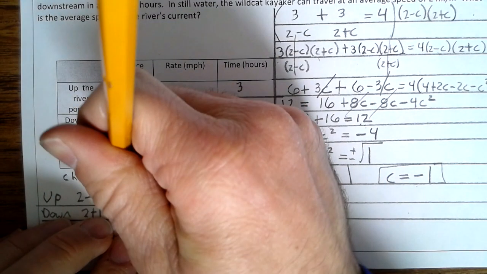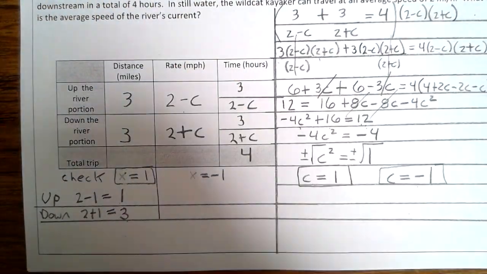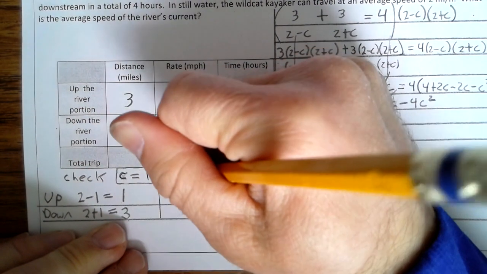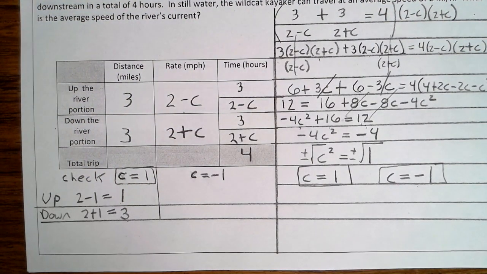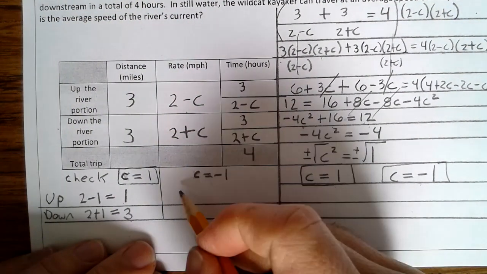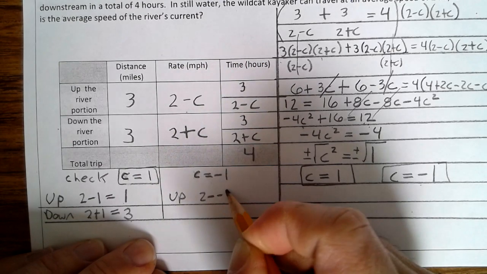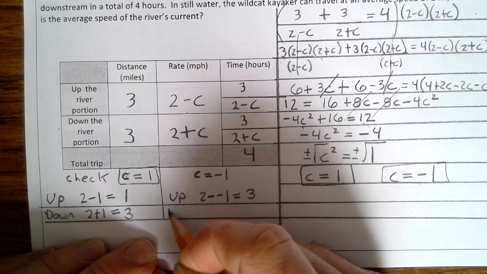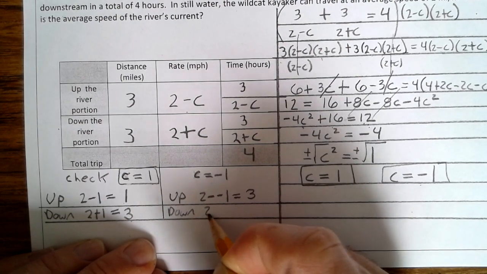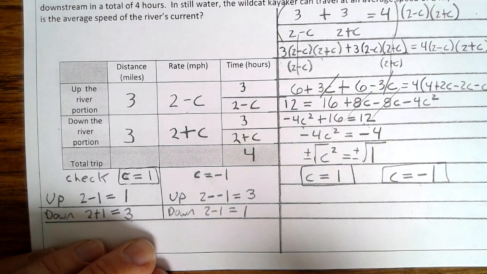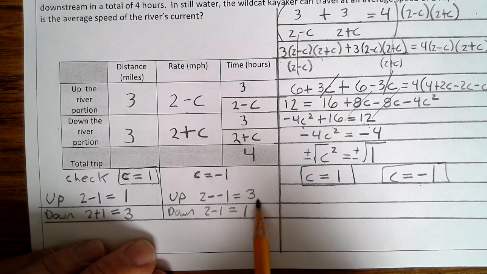Okay. Now let's check -1. So that's upriver still. So 2 minus the -1 is 3. And down would be 2 minus 1 is 1. Well, that doesn't make sense because if you're going upriver, you're not going to be faster. So we see that c equals -1 is not correct. So our current is 1.